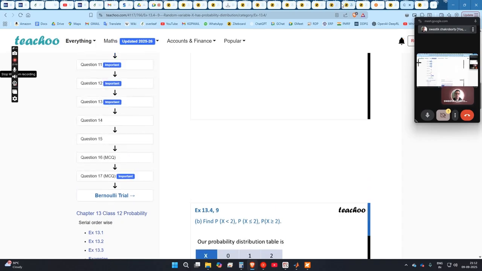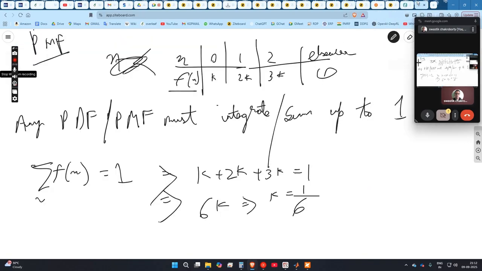Now find P(X less than 2). P(X less than 2) is just P(X equal to 0) and P(X equal to 1). The only two which satisfy are X equal to 0 or X equal to 1. So since it is OR, we can add the probabilities.